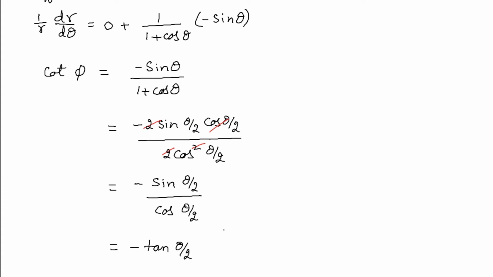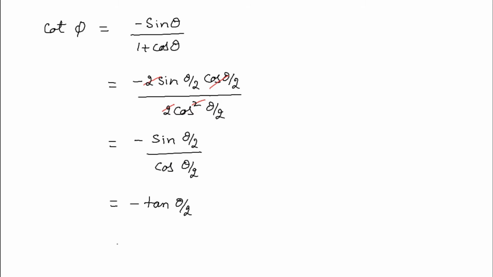So if you want to express this in the form of cot, you can write cot of 90 plus theta by 2. So cot of 90 plus theta by 2 will be minus of tan of theta by 2. Now since it is the first curve, I will be taking this value to be equals to cot of phi 1.